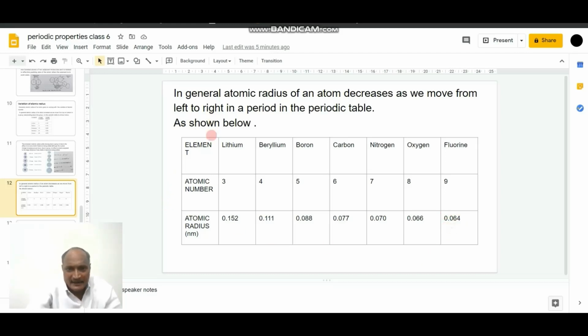That is, as we move from lithium to fluorine, from left to right in the second period of the periodic table, we observe a constant decrease in the atomic radius.